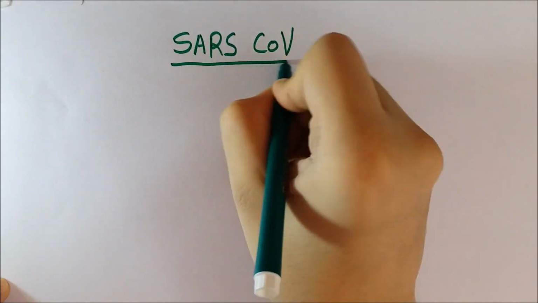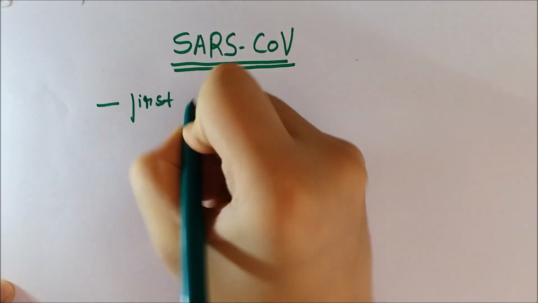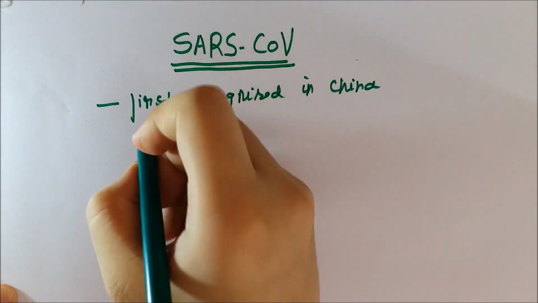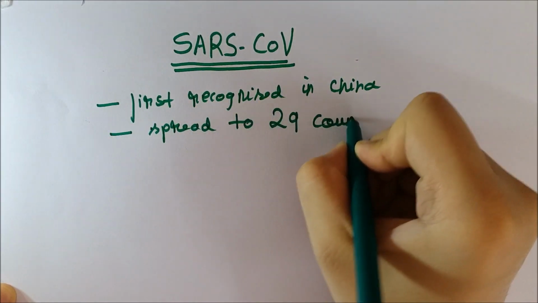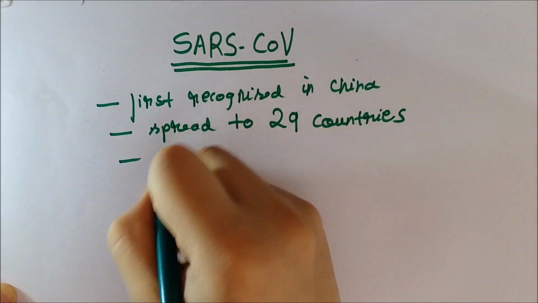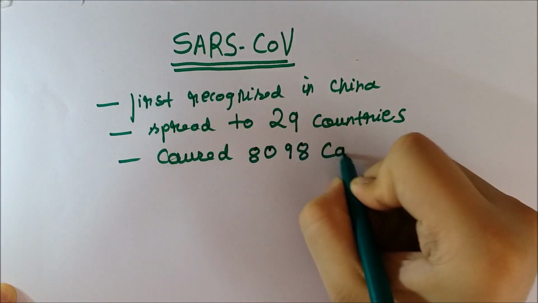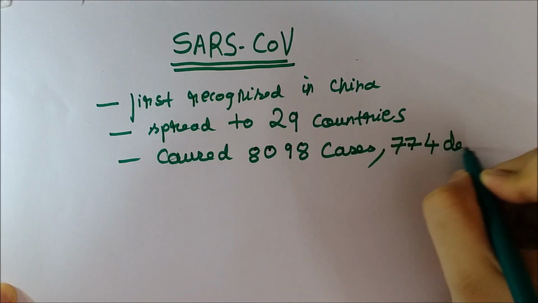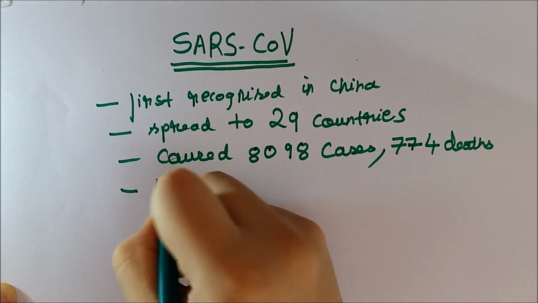Now, I would like to mention something about the SARS coronavirus, or the severe acute respiratory syndrome coronavirus. It was first recognized in China in 2003, and it spread to 29 countries, and it caused almost 8,098 cases and 774 deaths across the globe in 29 countries.